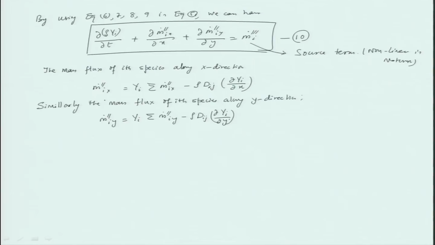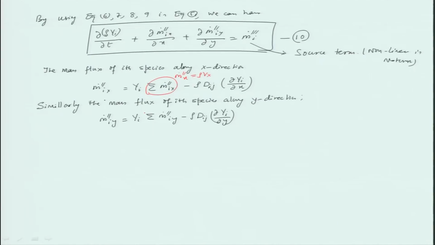And keep in mind that if I consider this, what is this one? Any idea? This will be nothing but your m x, which is nothing but rho v x. Yes or no?